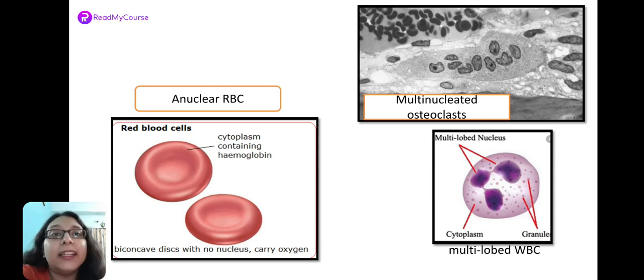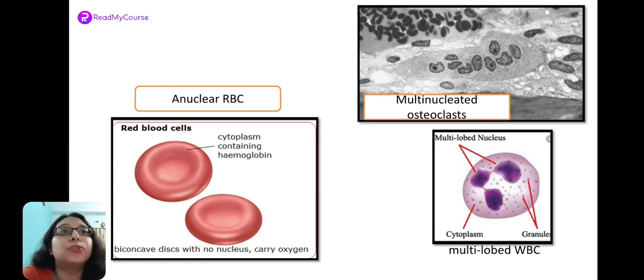And number two, because the shape is biconcave, it is able to transport the maximum amount of oxygen because it is able to have the maximum amount of hemoglobin. So basically the presence or absence of nucleus is somewhat dependent on the functions that the individual cells are performing. In case of RBCs, because of their function, there is a lack of nucleus.